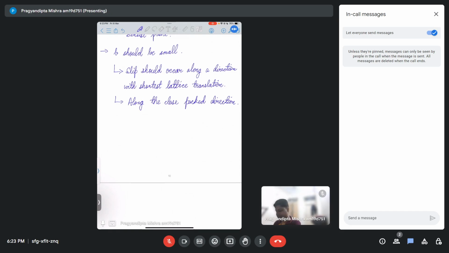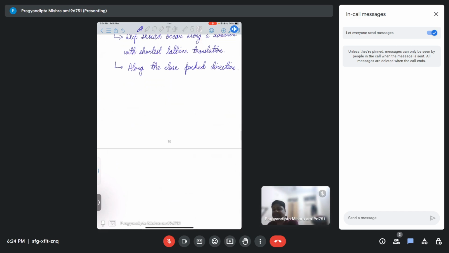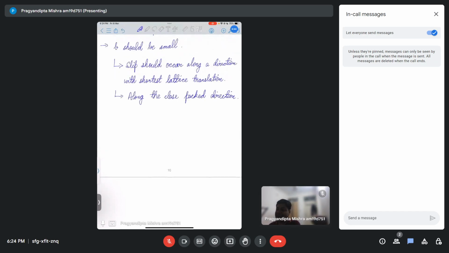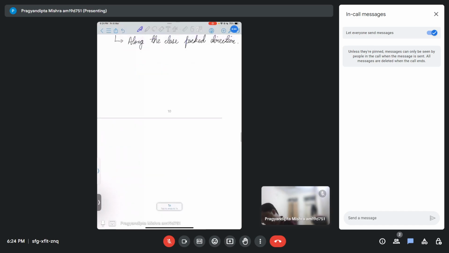So let's come back to the final concept for today. How do we decide this densest plane or close packed direction? There's something known as planar density and linear density. That is something that we have to determine in order to find which direction and which Burgers vector the lower Peierls-Nabarro energy will occur at.